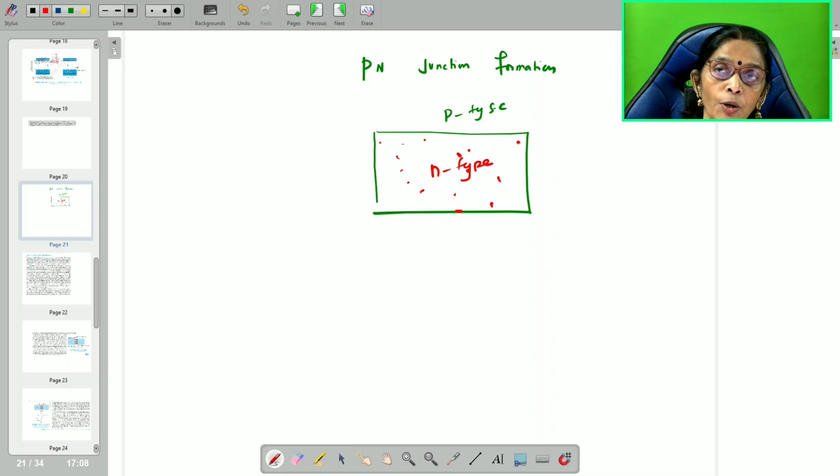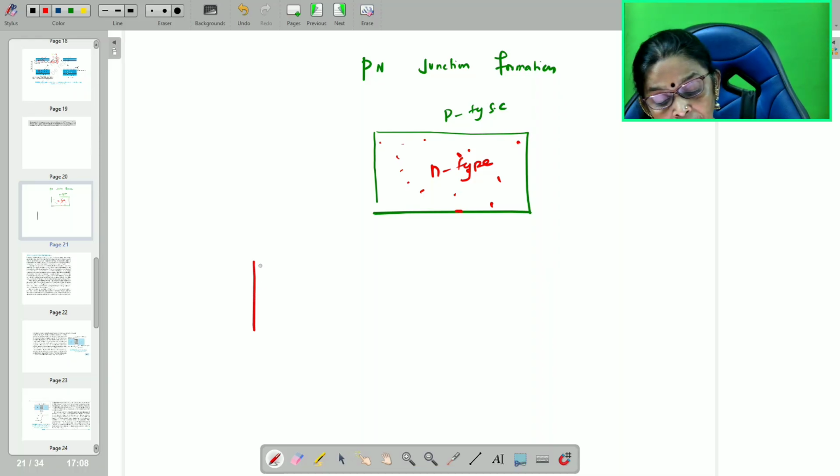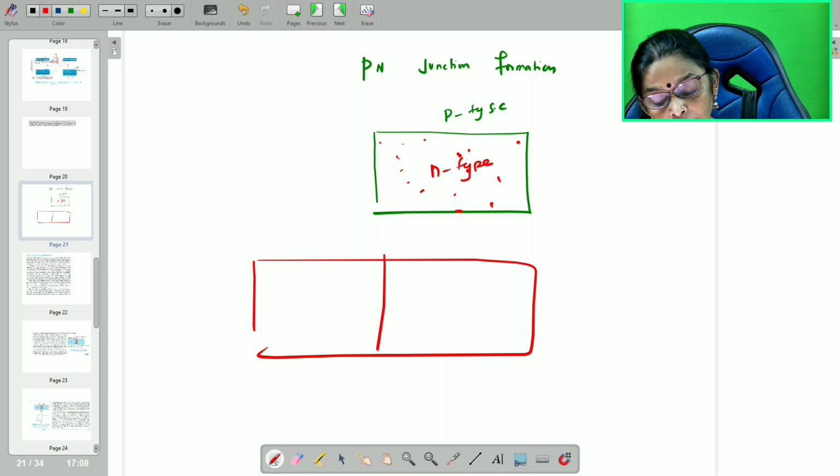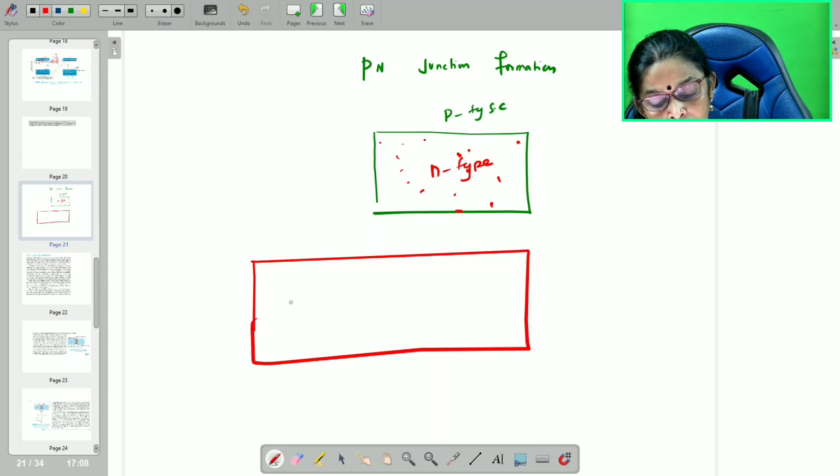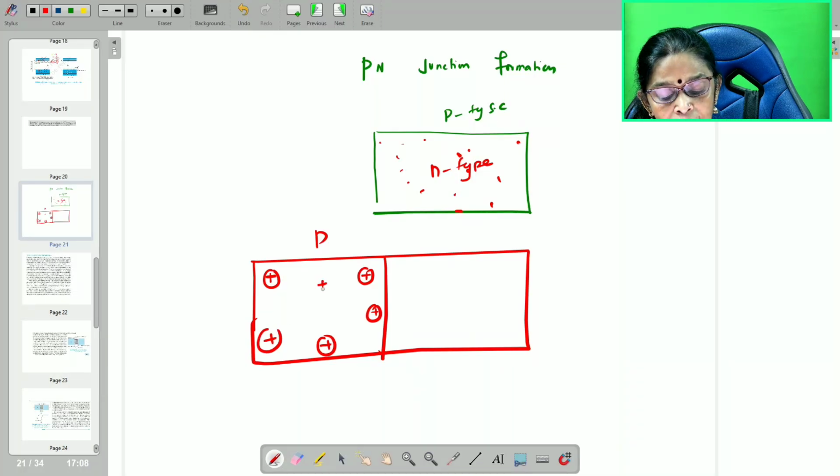Due to p-type, it has an excess number of holes. Do you mean to say that there are no electrons? No. It has electrons, but they are less in number, that is the minority charge carrier.